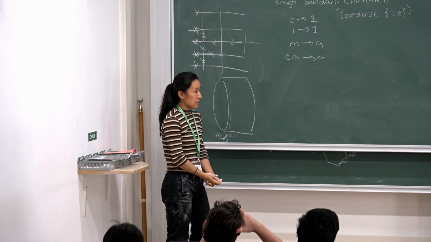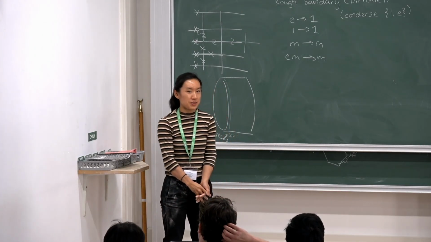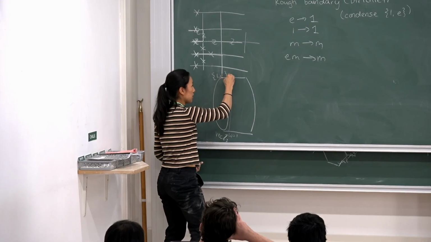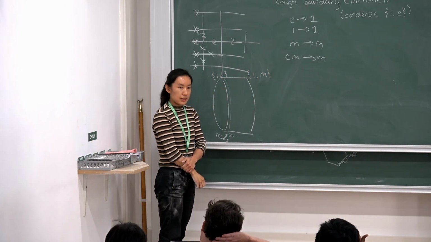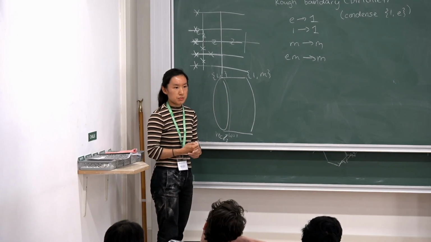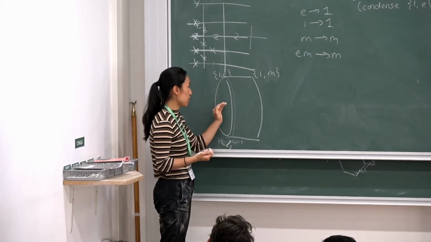And the important thing is, as all of you probably know, with the toric code there's another gapped boundary because M is also a boson. So even if you condense 1 and E here, you can condense 1 and M on the other side, and this gives you a 1D theory that has no spontaneous symmetry breaking and is gapped. And it has no spontaneous symmetry breaking because there are no local order parameters.